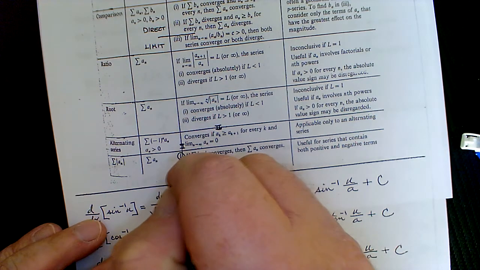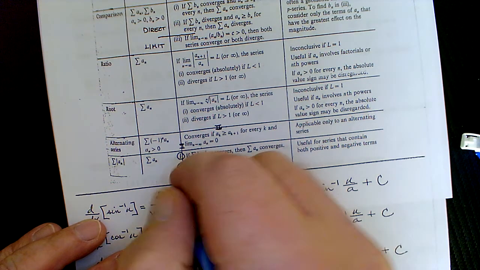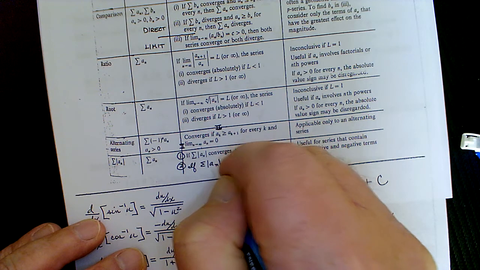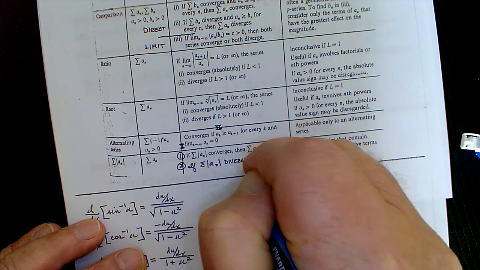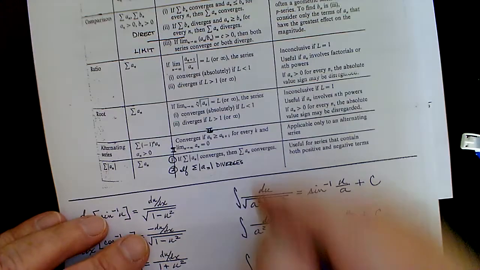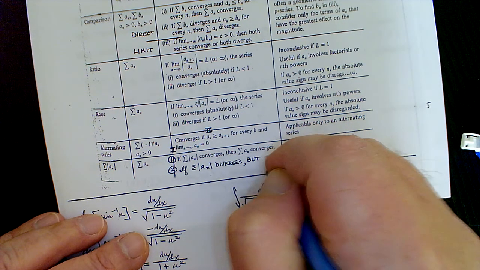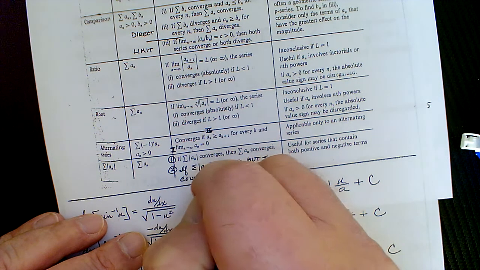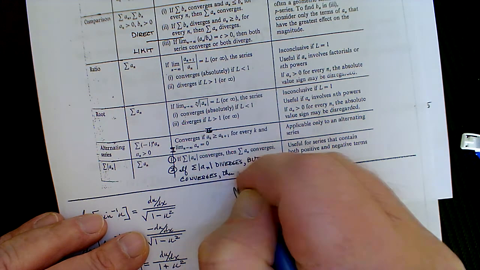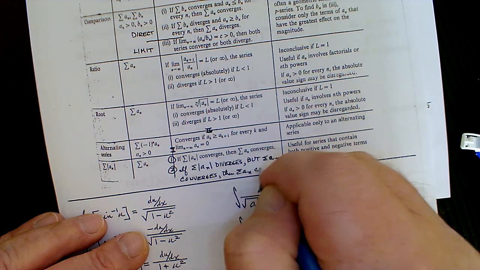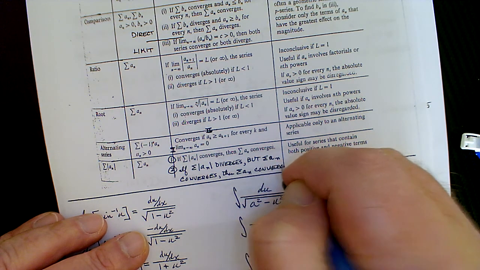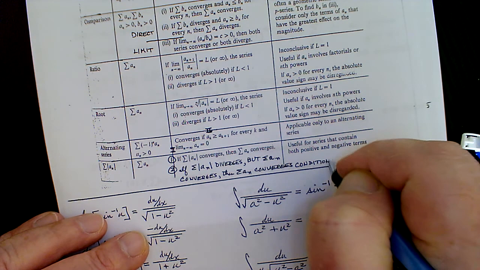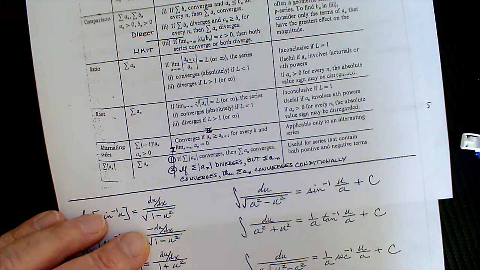So that one is that if the sum of the absolute value of a sub n diverges, and then we said, but the sum of the a sub n converges, then the sum of the a sub n converges conditionally. So I would encourage you to add that to your statement.